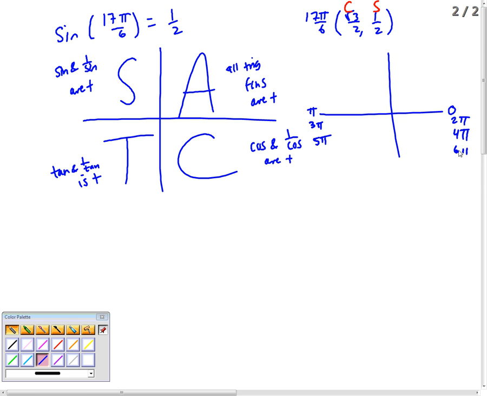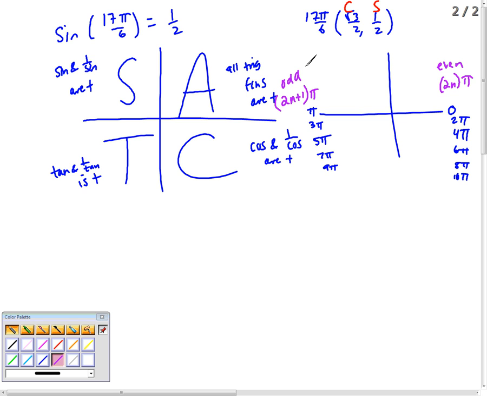Do you see the pattern? What's the pattern? All of the even ones are here, all of the odds are here. So 2n times pi is over here, even, and 2n plus 1 times pi is all over here, odd.